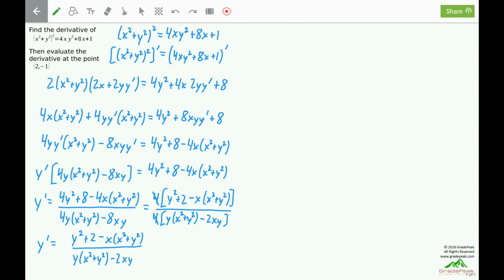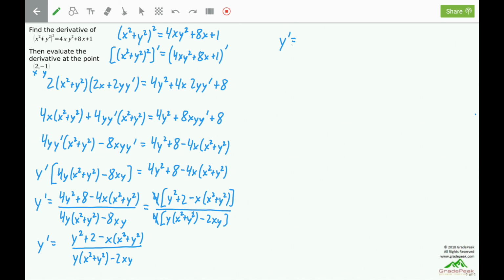So there's our derivative y prime. From here we can evaluate it at the point (2, negative 1). That's the x, that's the y. So we're going to be plugging a 2 in for each of the x's and a negative 1 for each of the y's.